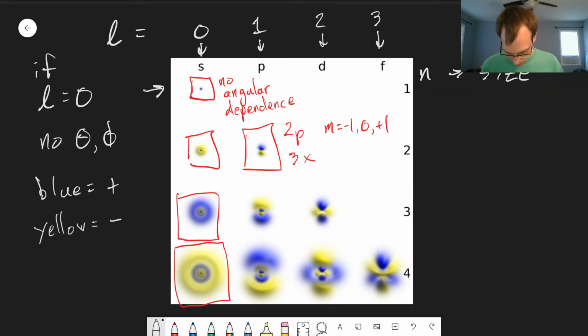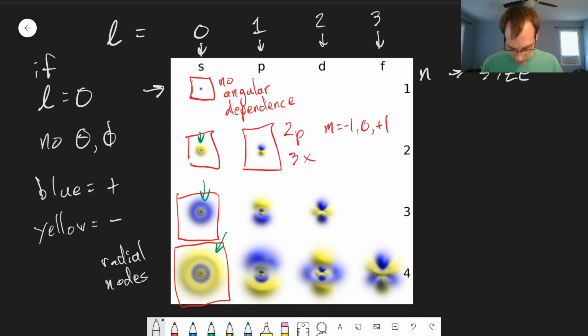Whereas in a 2s orbital, it's a little bit hard to see, but when it goes from blue in the middle to yellow on the outside, there's a spot where it goes to 0. We get 2 of those in the 3s orbital, and 3 of those in a 4s orbital. Now we'll look at a different visualization that might make this a little bit clearer. Those are known as radial nodes because they're nodes at a specific value of r.